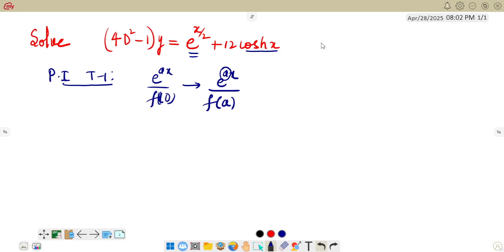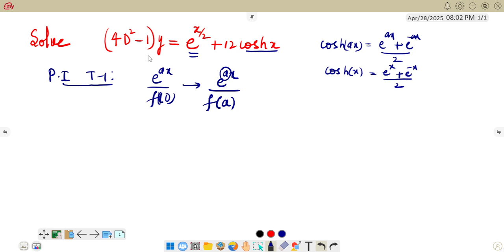We write cos hyperbolic ax as e raised to ax plus e raised to minus ax divided by 2. Take a value as 1: cos hyperbolic x becomes e power x plus e power minus x divided by 2. So in place of the hyperbolic function, we will write the exponential function.